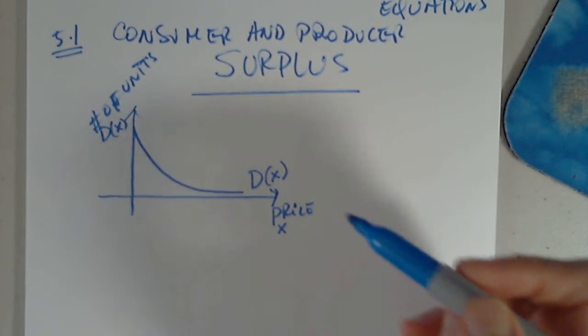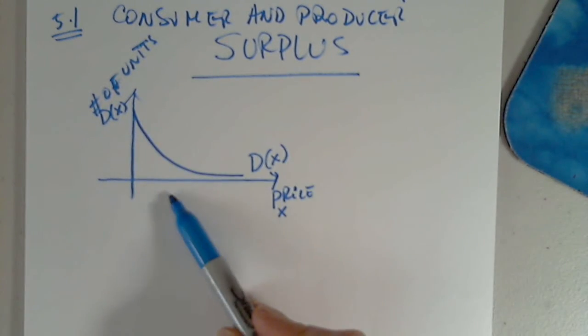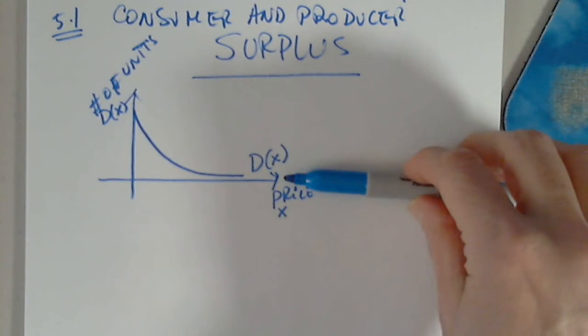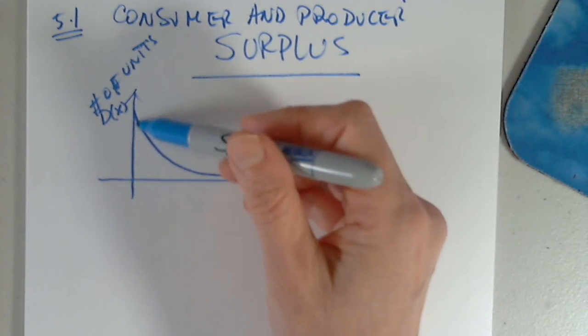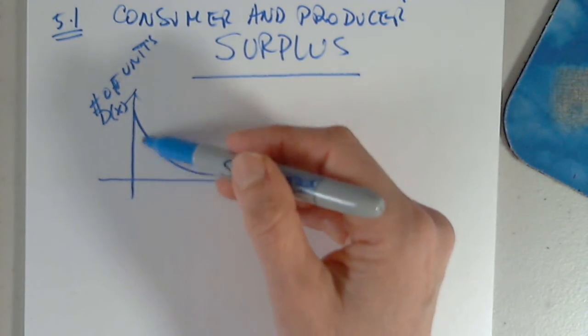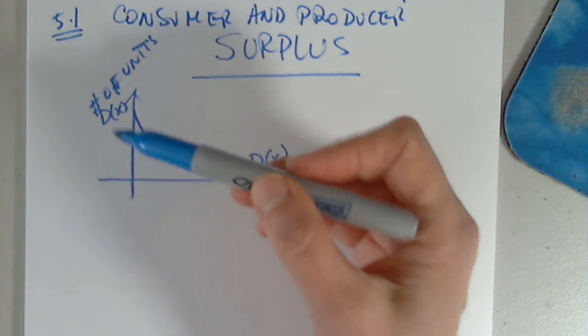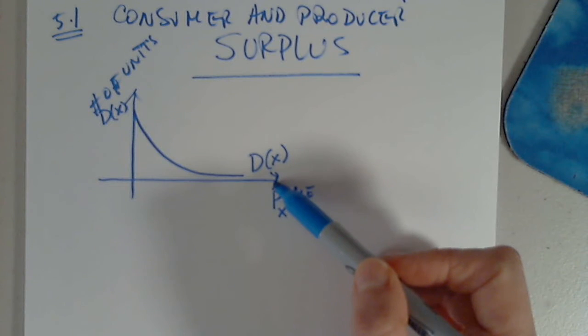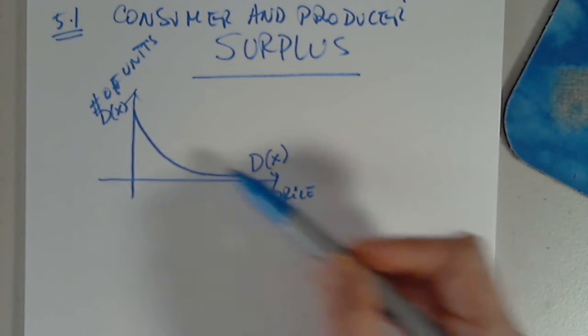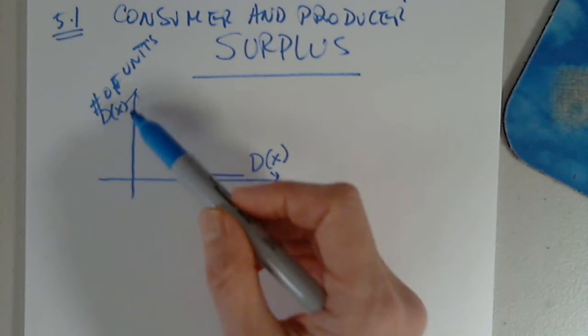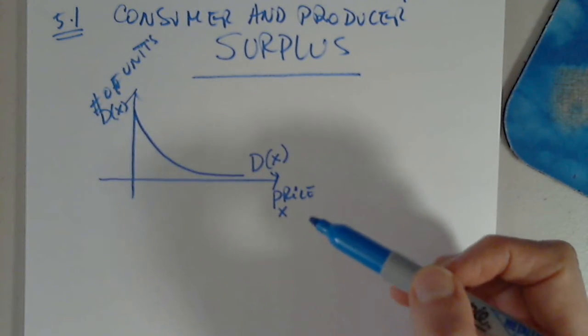It's a decreasing function, because the higher the price, the lower the demand. Everyone can purchase a home of a certain price, or almost everyone, I would say. But if the price goes to millions, not everyone can afford a home that is in the millions of dollars, right? So this is a decreasing function.